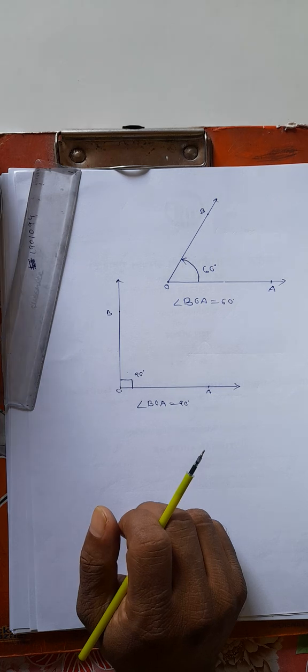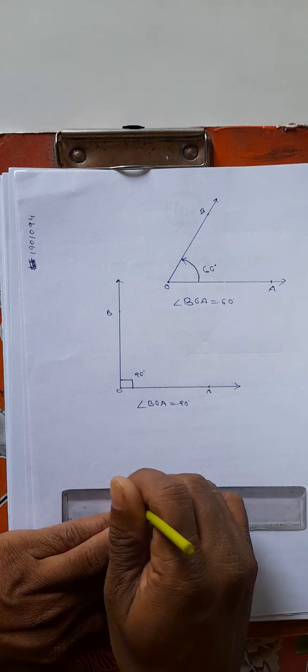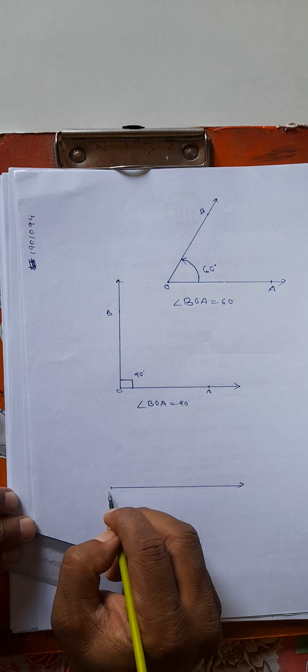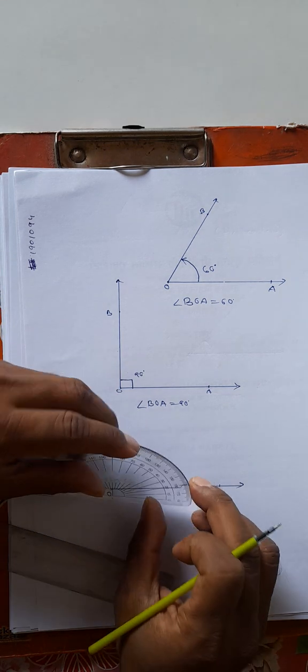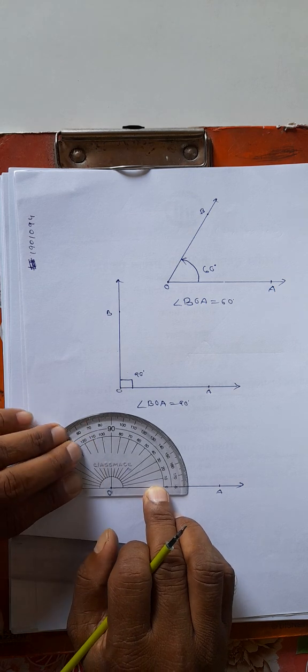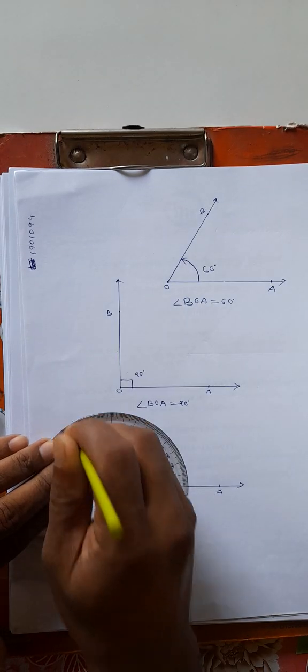Now let us make a 120 degree angle. Again you start here. You want to find a 120 degree angle. So 120 degrees is here.